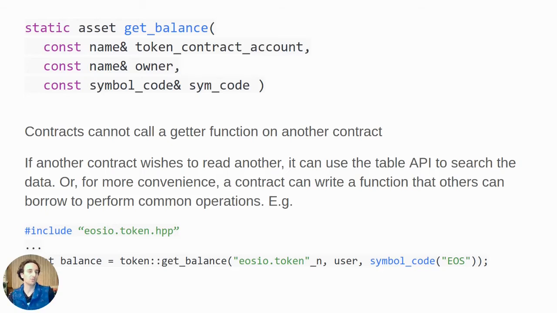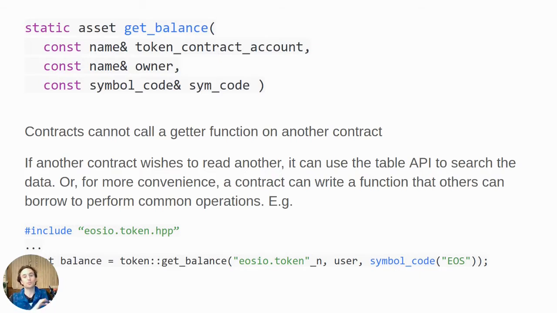What we haven't seen before is this. So here we've got static asset get balance. This is the definition of a getter function that's going to be used. There is no notion of a transaction to call another account, but any contract can read the tables of another contract in the system.